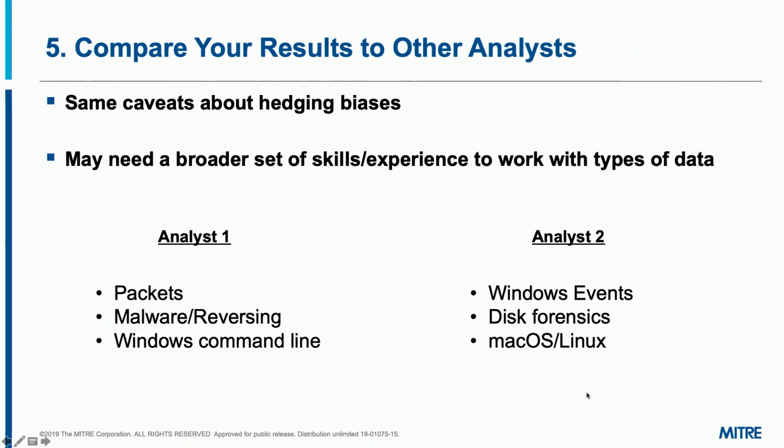So we might have one analyst who's comfortable working with things like packets, malware, reverse engineering, and looking at different types of data, as well as looking at the Windows command line and understanding what various commands actually do. Where we have another analyst who we need for the exact same incident who might be comfortable looking at Windows event logs, looking through disk forensics, or might be familiar with other platforms such as macOS or Linux.